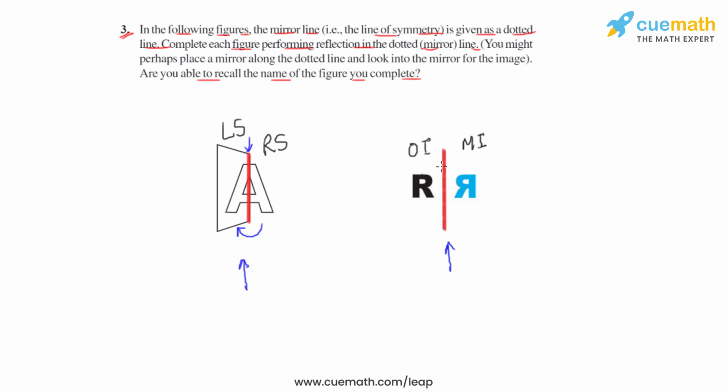So we see that both the shapes are exactly the same size, it's just that the orientation is different. So whenever we are dealing with mirror reflection, we need to be careful of these left-right changes in the orientation. Let us now use these concepts in the set of figures given in this particular question to complete each of the figures.